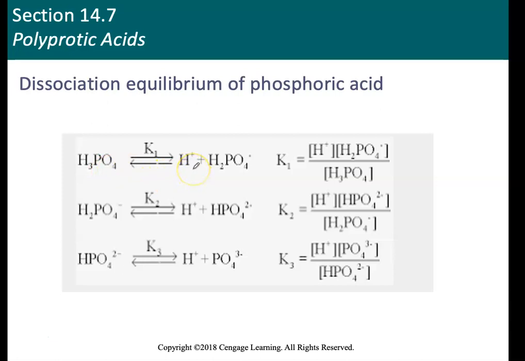It dissociates the first proton to give you H plus and H2PO4 minus. The second proton will give you HPO4 2 minus, and the third proton will give you PO4 3 minus with H plus. So in other words, you expect 3 Ka values, Ka1, Ka2, Ka3, and these are the relationships of the equilibrium.